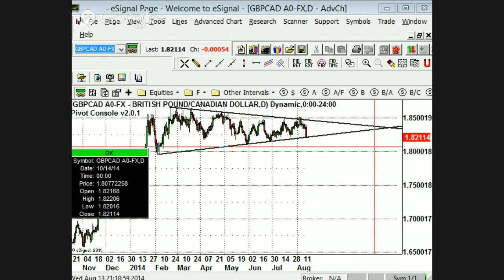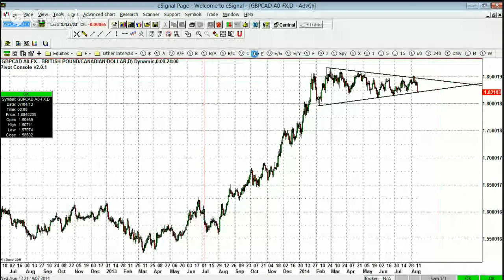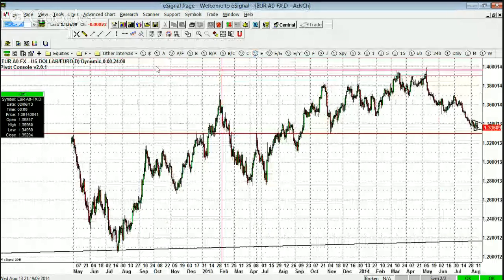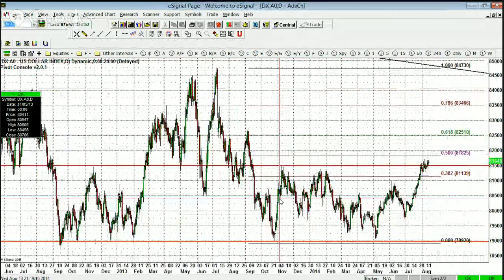Okay, next question. The US dollar. Okay, the US dollar has seen some strength recently, but remember, what could be happening, as I said, is that the market could be just correcting this wave down that we see here.